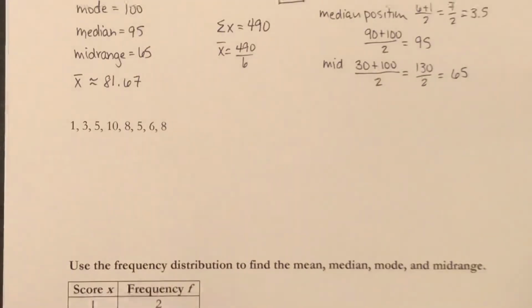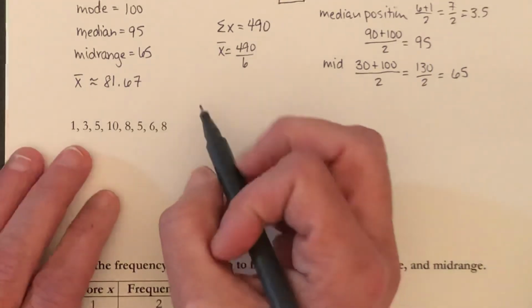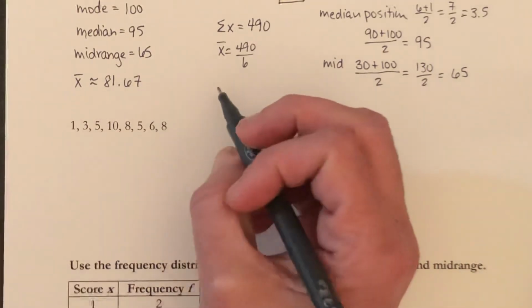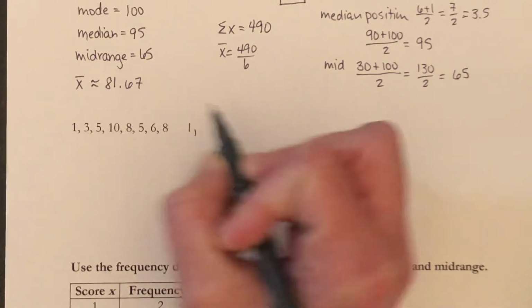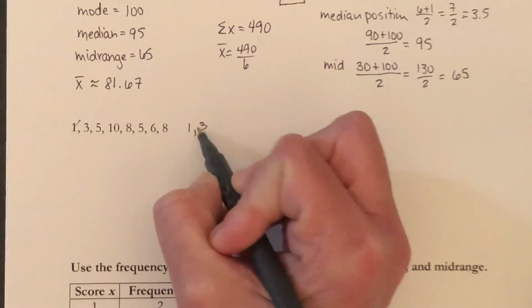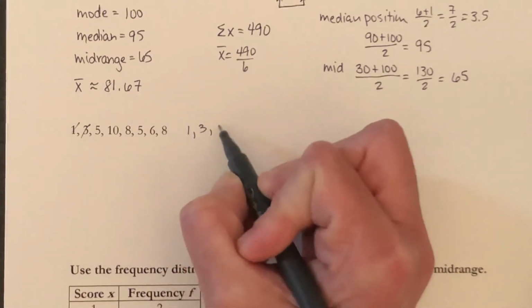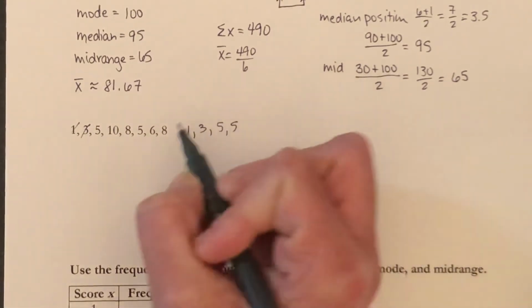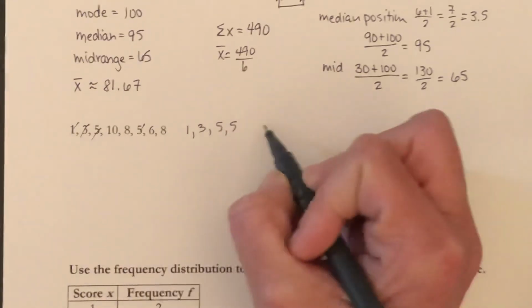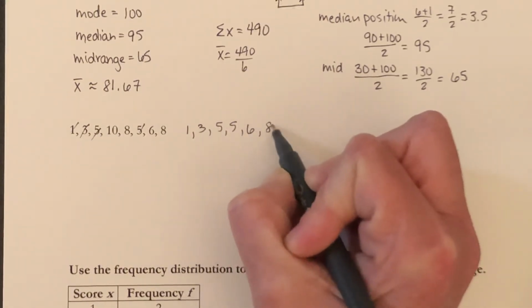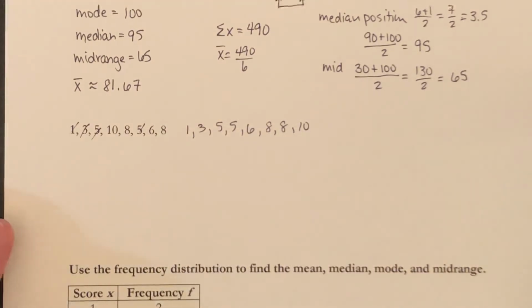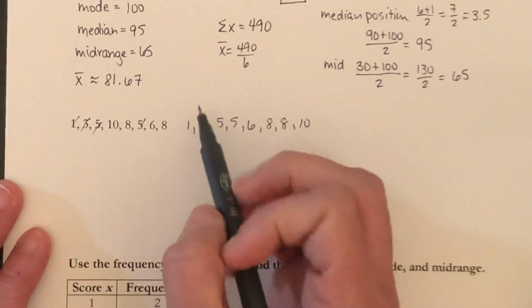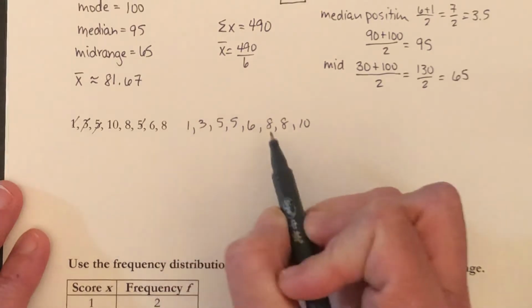Okay, let's do this set. So again, put them in order. So you have 1, 3, 2 5s, 6, 8, 8, 10. Okay. So this has how many items? 1, 2, 3, 4, 8 items.